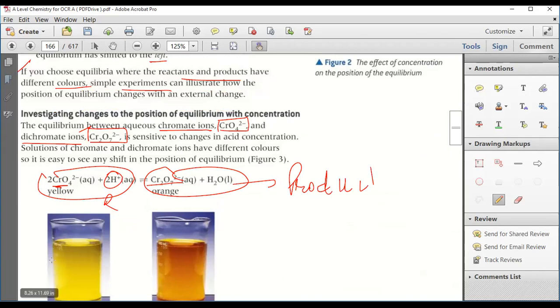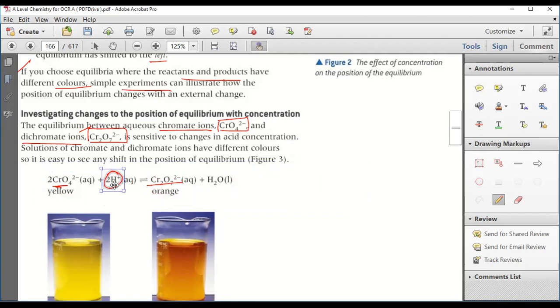So I need to change their concentration. Basically, the concentration changes with the help of change in the H positive ion. As the concentration of H positive ion changes, you can clearly see the shift from yellow to orange here.